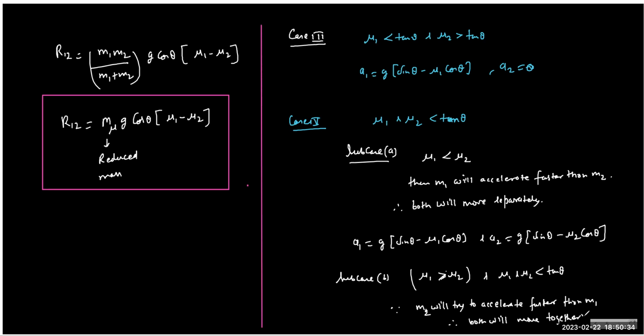Is this clear? And once they move together, we know the answer. What is the answer? A1 equals A2 equals A equals g sin theta minus mu effective cos theta. Is this clear?